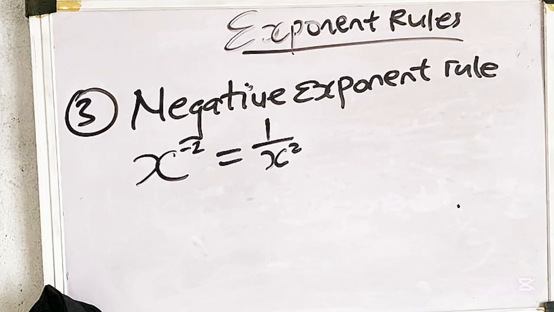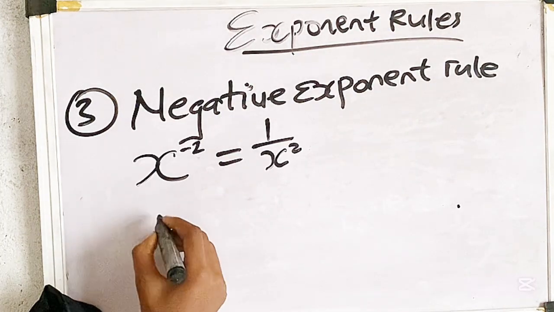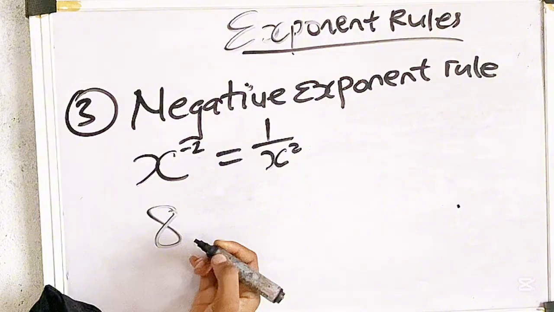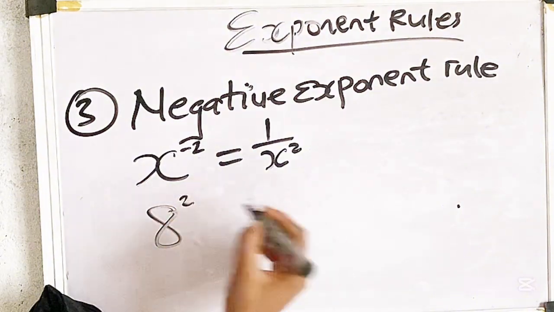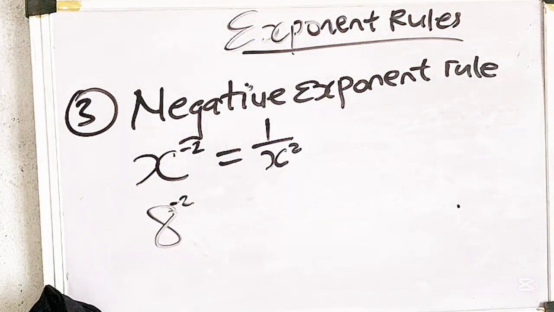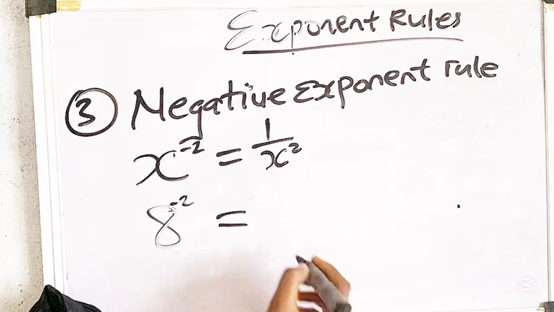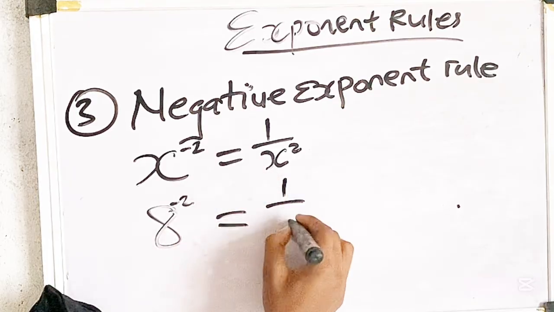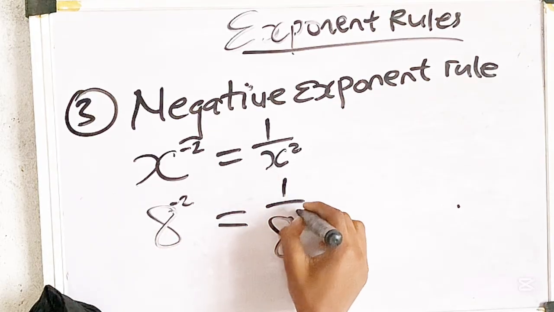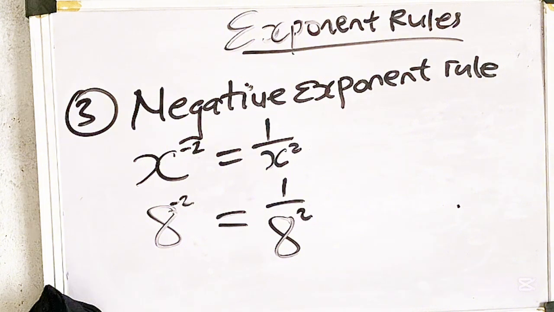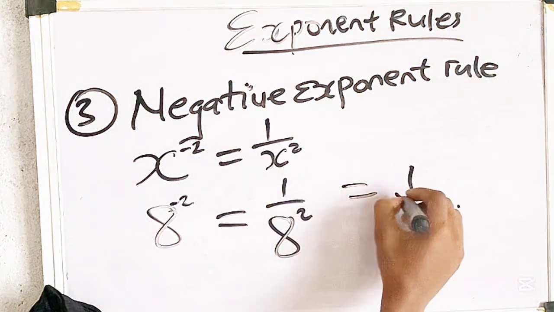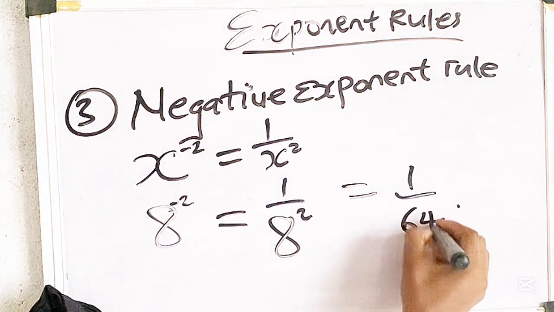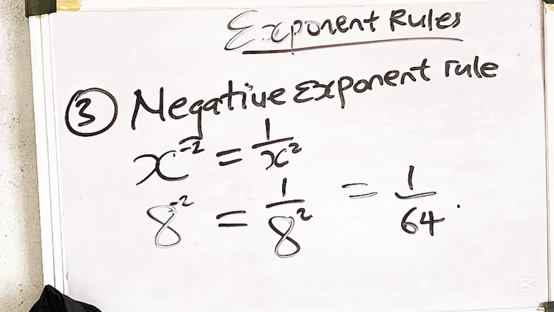If we have a question like 8 raised to the power of minus 2, it is equal to 1 over 8 raised to the power of 2, which is also equal to 1 over 64, because 8 times 8 will give us 64.